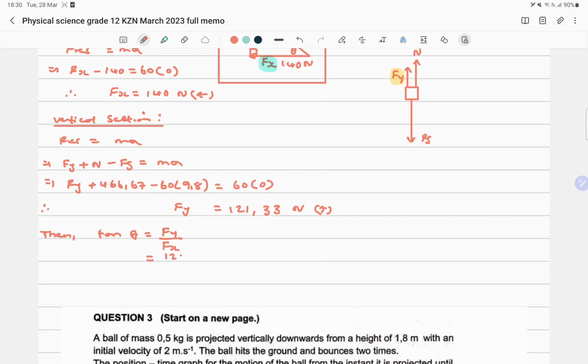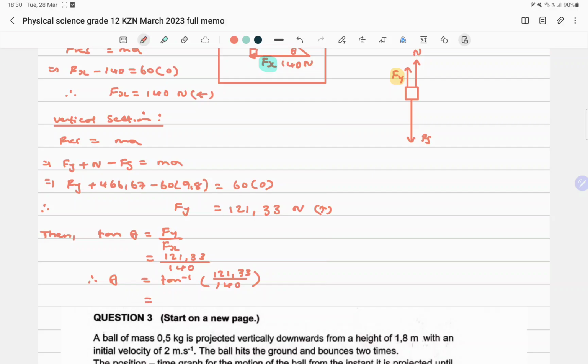Which is going to be 121.33 divided by 140. Okay, we can say therefore theta is going to be the inverse tan of this ratio, 121.33 over 140. Yeah.